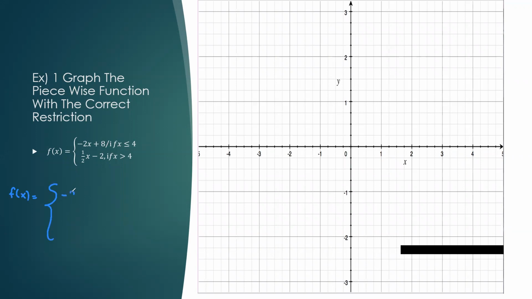One of them is negative 2x plus 8 if x is less than or equal to 4. And the other one is 1/2 x minus 2 if x is greater than 4. Okay, so let's graph the first one.